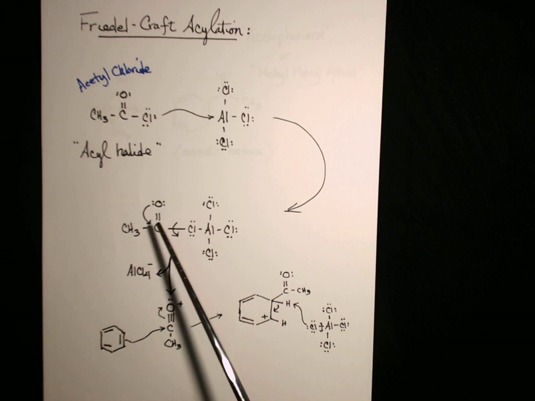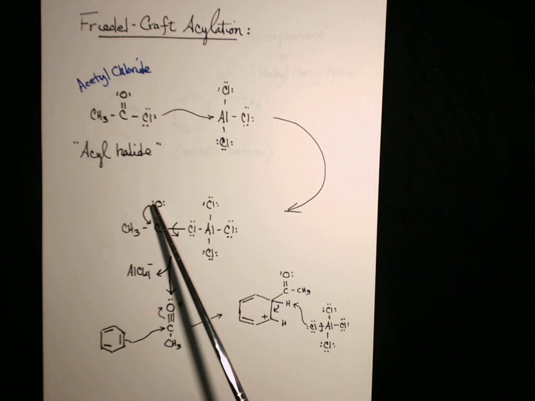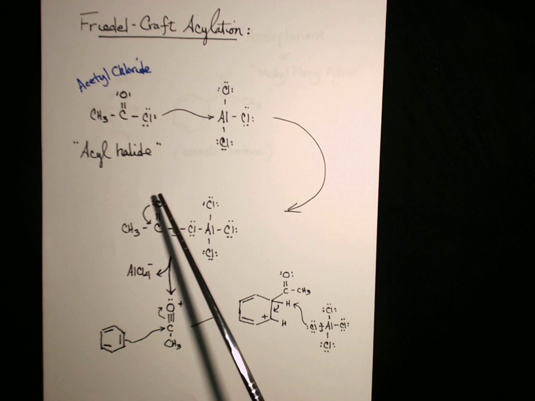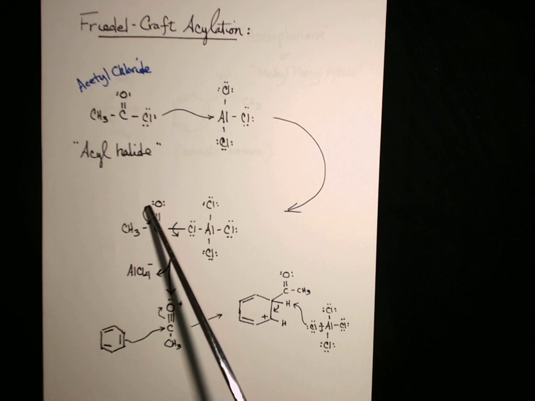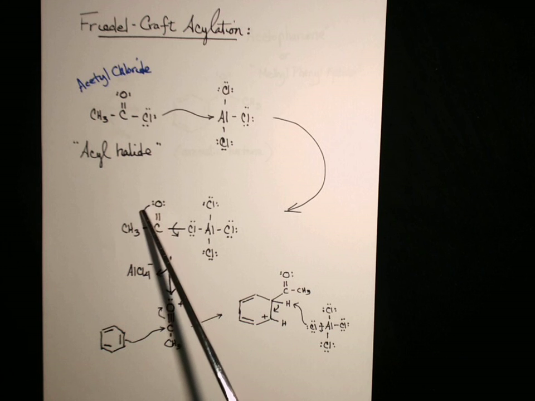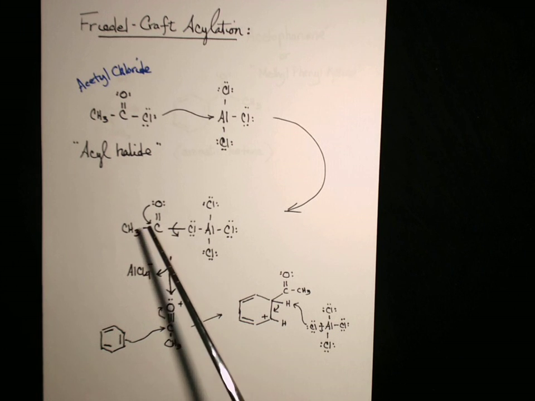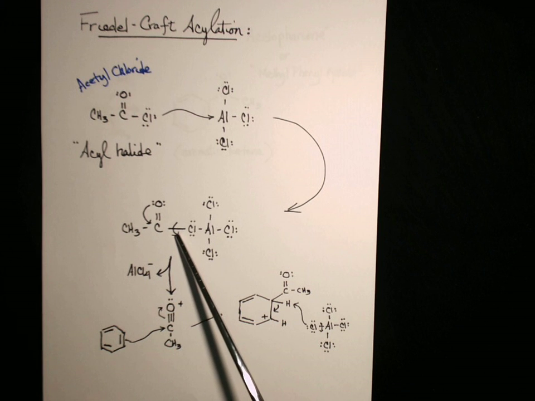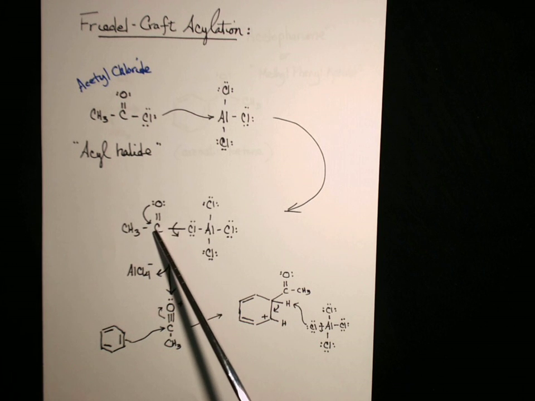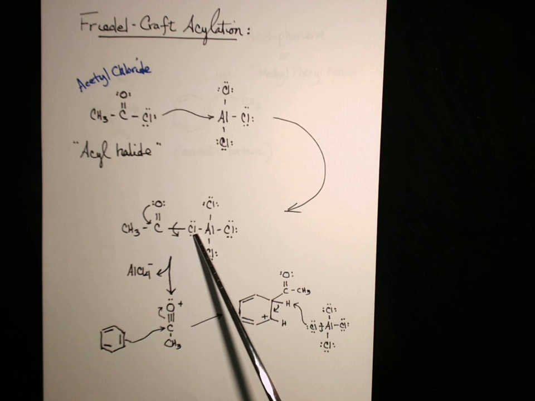The lone pair of electrons on the oxygen are going to help rearrange. So we get internal rearrangement at the carbonyl carbon, thereby forcing a break between the carbonyl carbon and this chlorine.